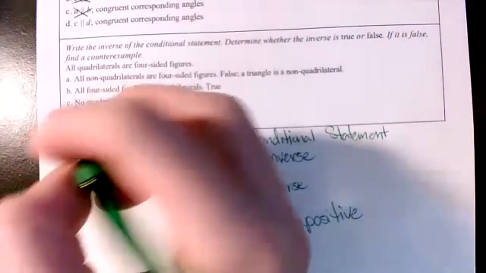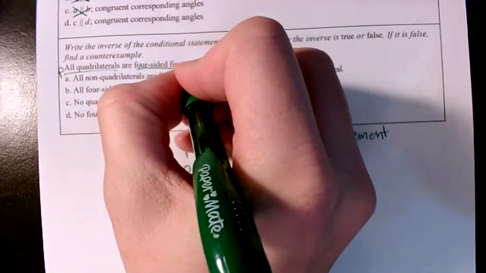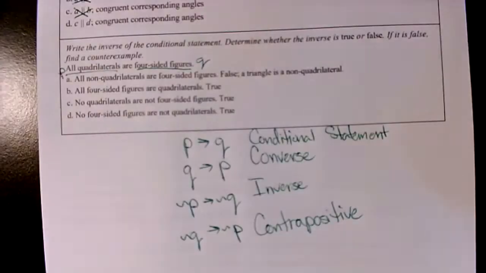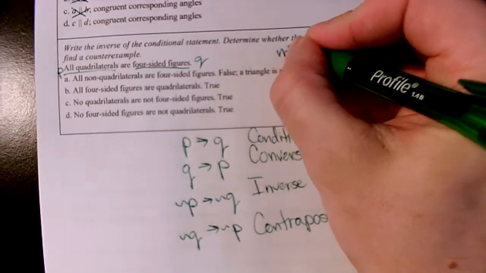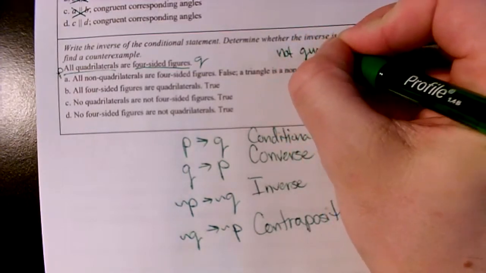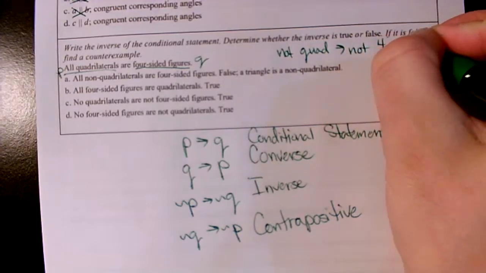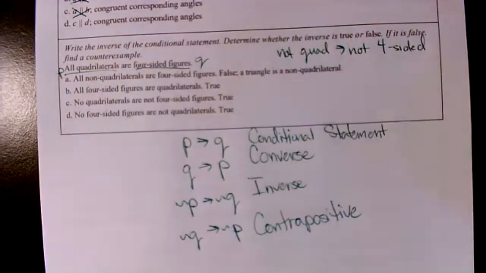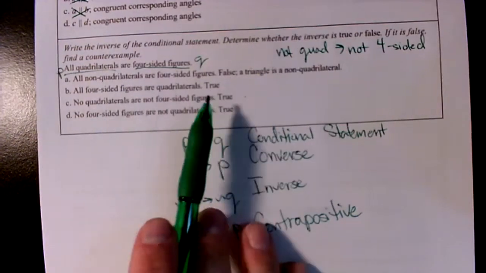If all quadrilaterals would be my P and four-sided would be my Q, then the inverse is going to have me throw nots in front of quadrilaterals and then not in front of the four-sided figure. So I need to say no quadrilaterals are not four-sided figures.